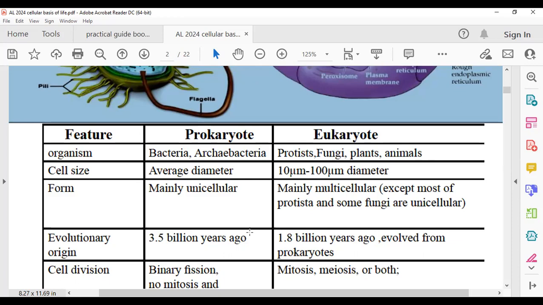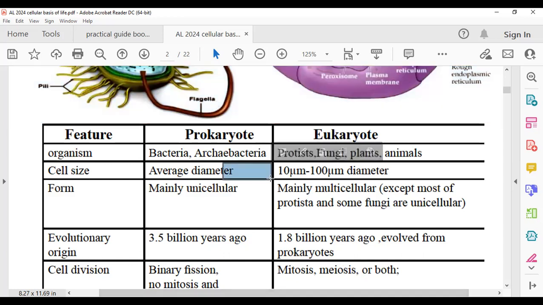Second one, prokaryotic cell size. Have I written a size to you? Average diameter for prokaryotes, is it written? No, sir.